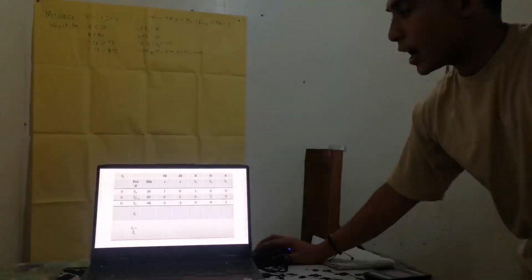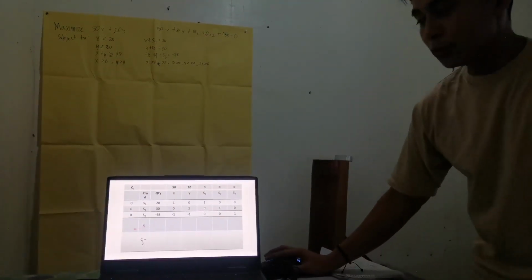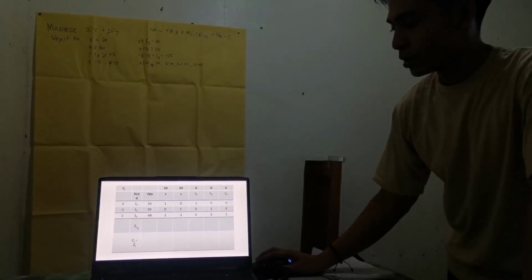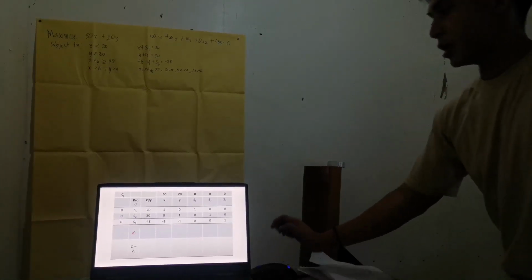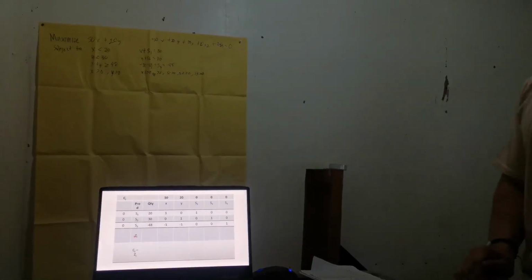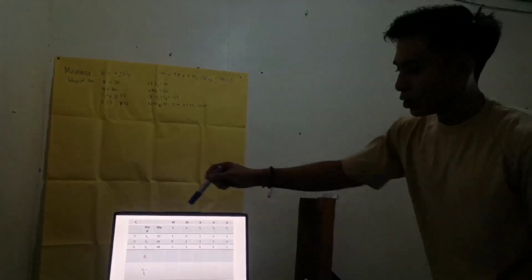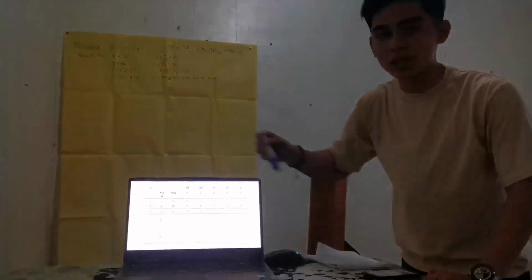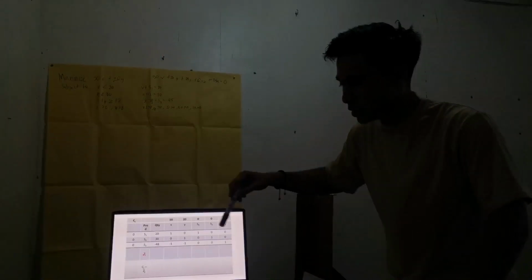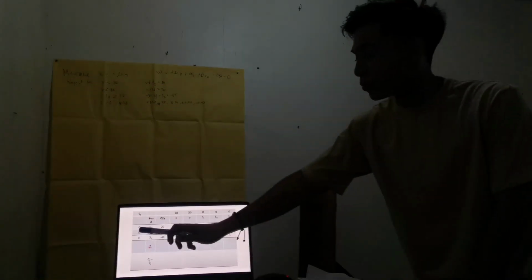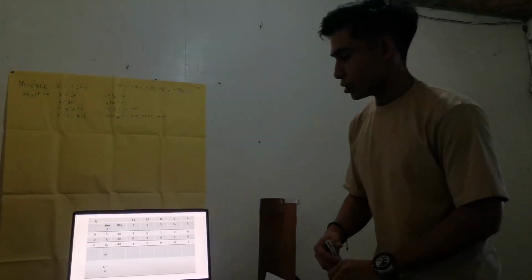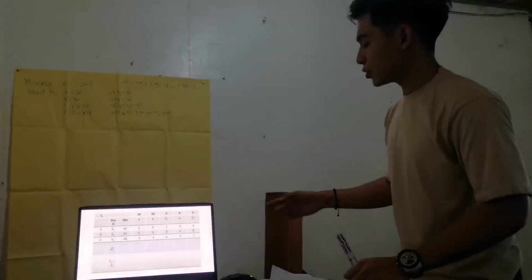And then, pag nalagay natin yan, identify na natin yung z sub j. So, since nalaman natin na 0 na lahat dito yung c sub j, automatic yan 0 na yung z sub j mo. Kasi 0 na yung mga c sub j mo. I-multiply mo siya sa mga other constants, which is 0 lahat. So, di na natin siya kailangan i-solve pa.